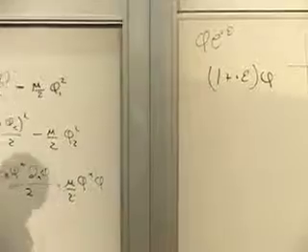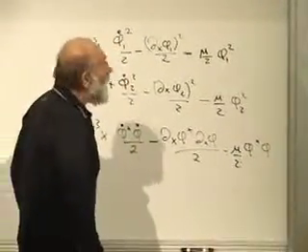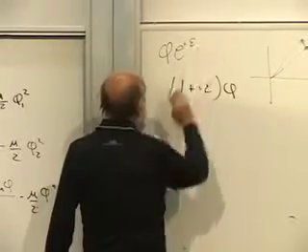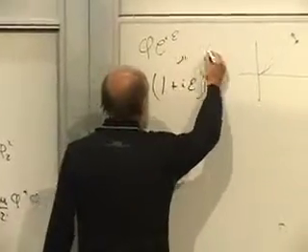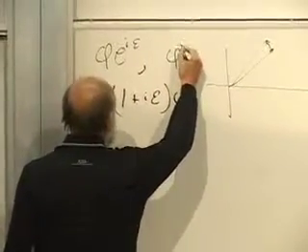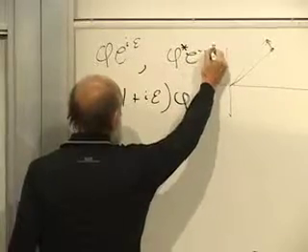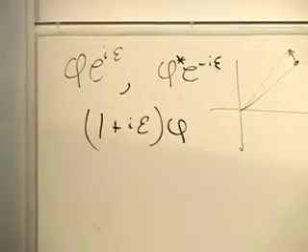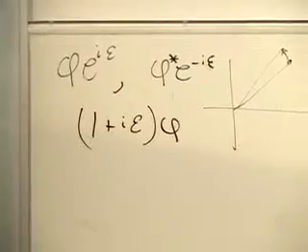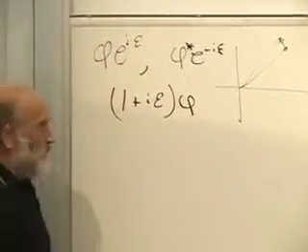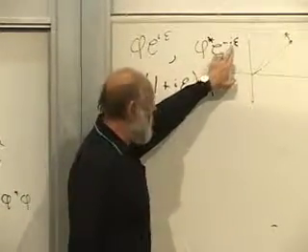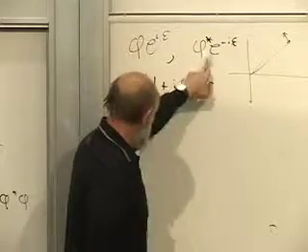Say it again? Phi star e to the minus I. Yeah, exactly. If you multiply phi by e to the I epsilon, then you must multiply phi star by e to the minus I epsilon. So if you change phi by a factor e to the plus I epsilon, you change phi star by a factor e to the minus I epsilon.